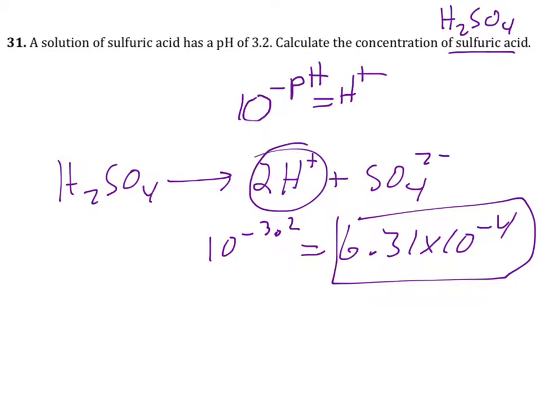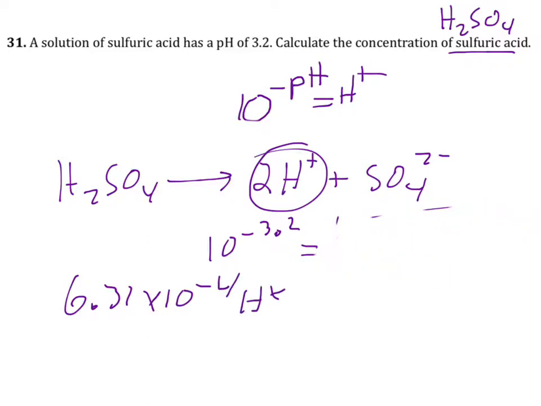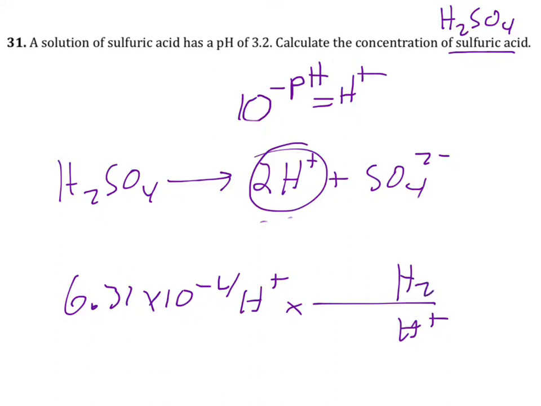And again, if this is the hydrogen ion concentration, we can go from the hydrogen ion concentration to this here. We know for every one of these, 2 of these will be produced. And so we just divide that by 2, and that will actually give us the answer to this problem here.